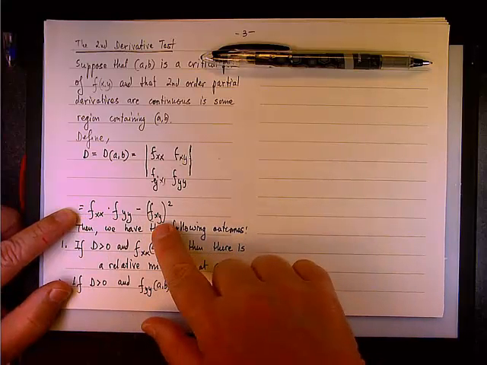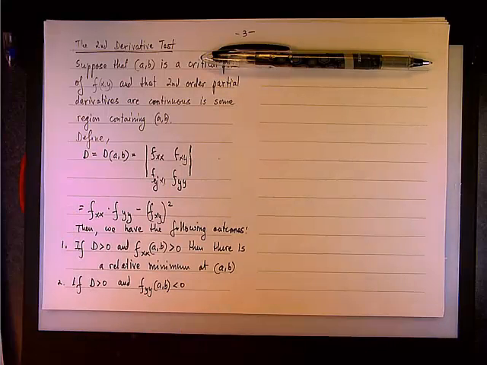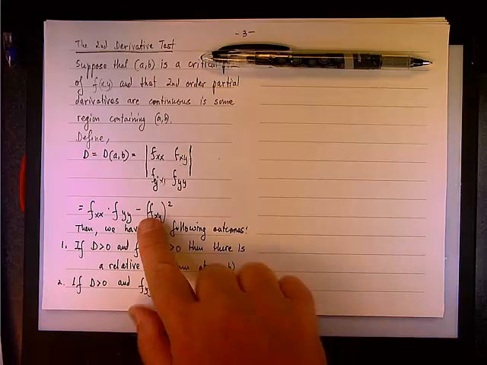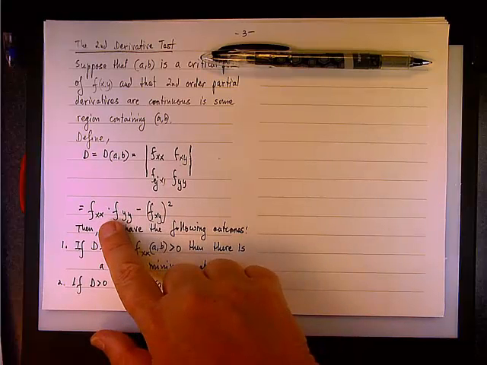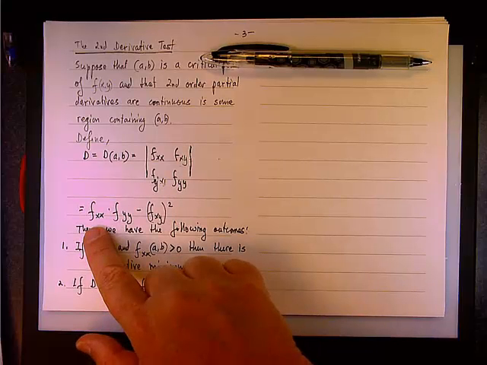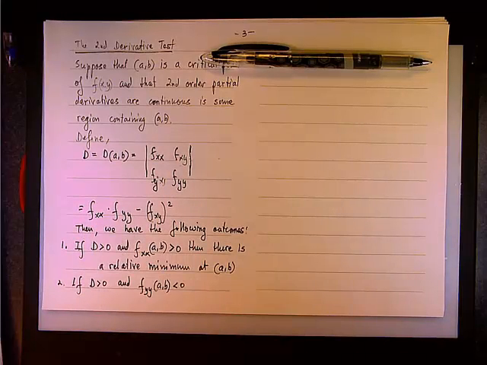It has to be positive, because look at the determinant. You have something times something minus f xy squared. Well, f xy squared, regardless whether f xy is positive or negative, it's always positive. So we are subtracting something.